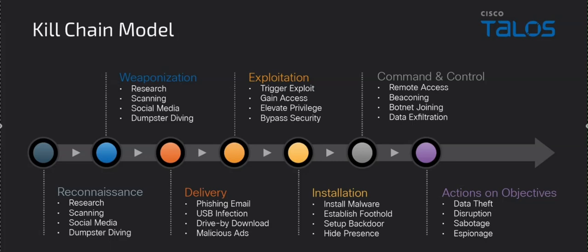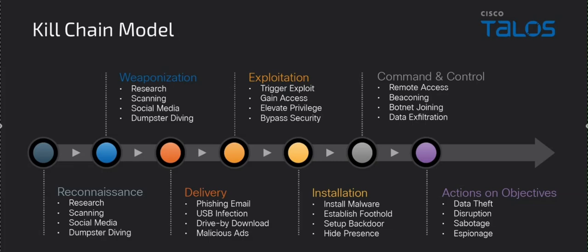The kill chain model is divided into some keys: weaponization, exploitation, command and control, reconnaissance, delivery, installation, and action on objective.